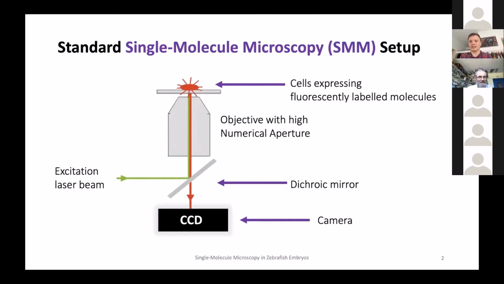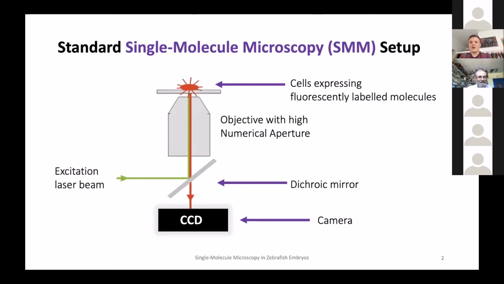Then, thanks to the phenomenon of the Stokes shift, when they go to the relaxation state, they emit photons at a longer wavelength, which can pass through the dichroic mirror and are detected by the camera device. Generally, single molecule microscopy setups consist of objectives with high numerical aperture with increased photon collection capability.